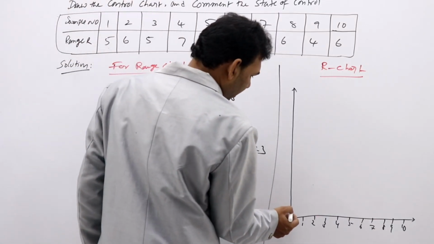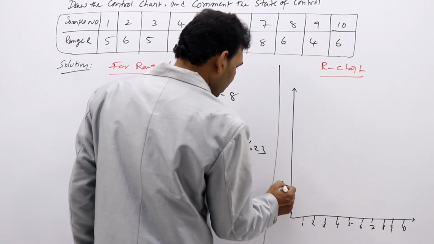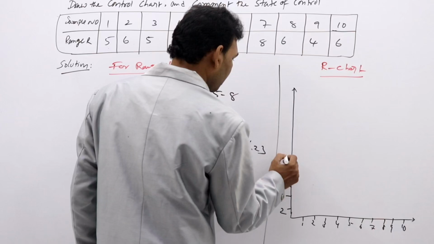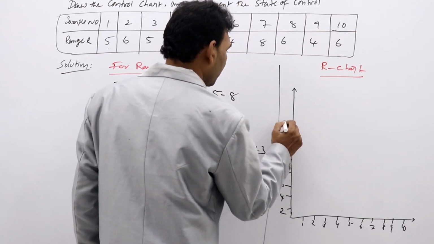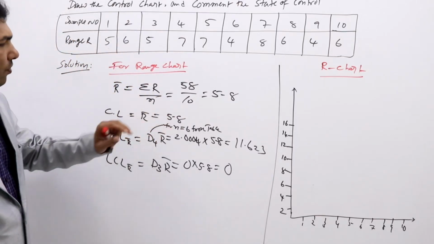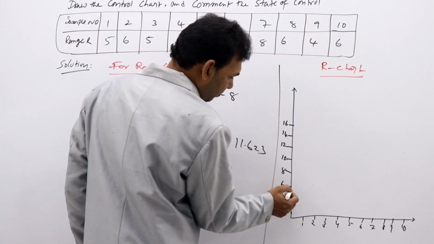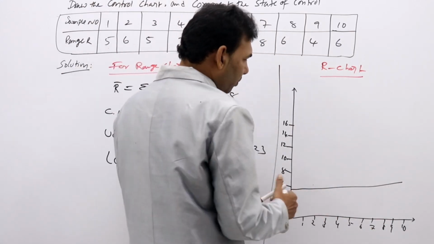That's why take 2, 4, 6, 8, 10, 12, 14, 16, like that. The control line is at 5.8. The lower control line is this line only, at 0.